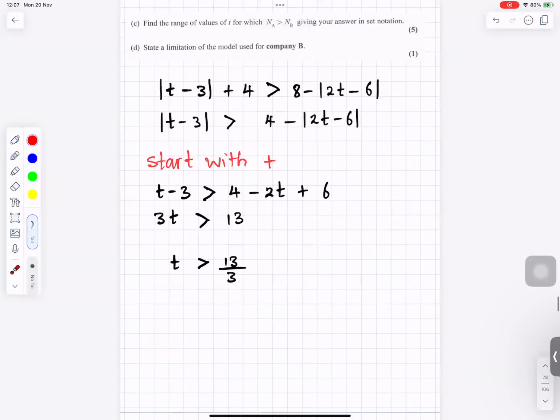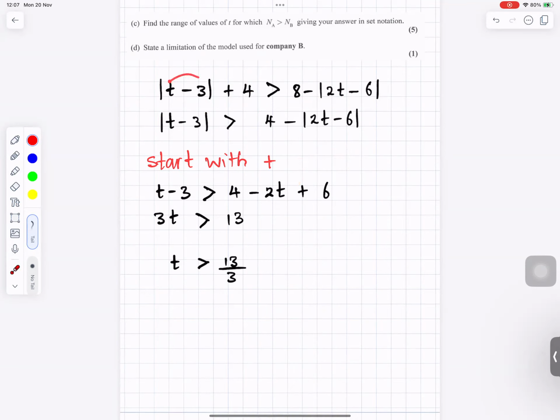For part C, we want to find the range where the left hand side is bigger than the right. So we take the plus 4 to the right, 8 minus 4 gives you 4. So we have the left side and the right side. We want to solve that. We start with the positive, that's what the plus means.